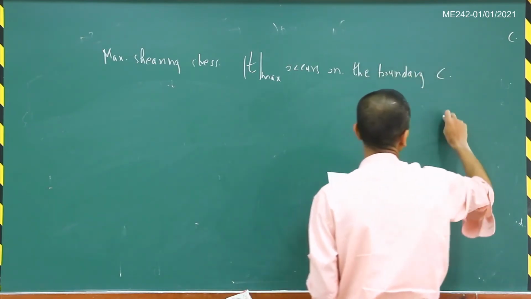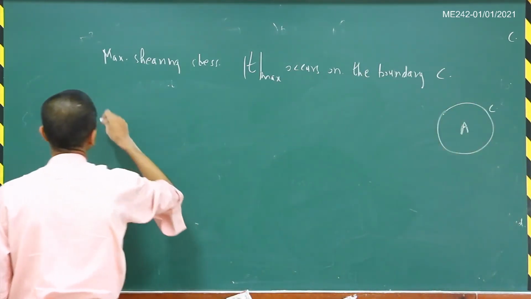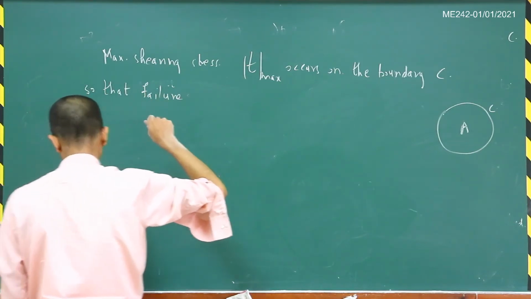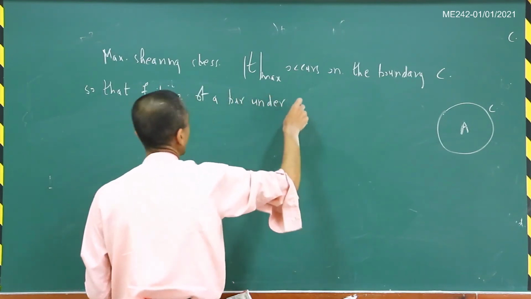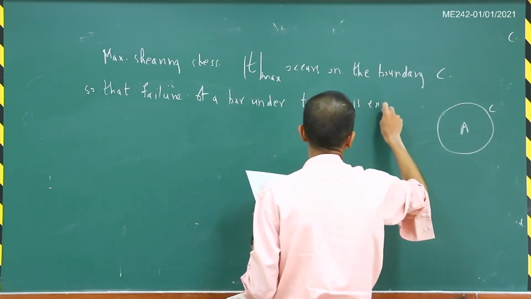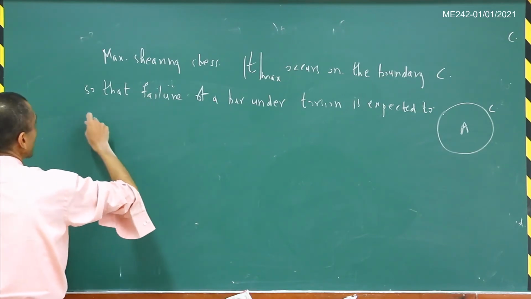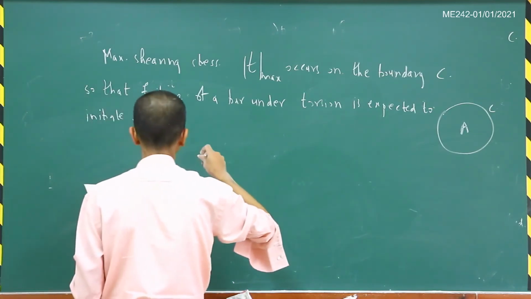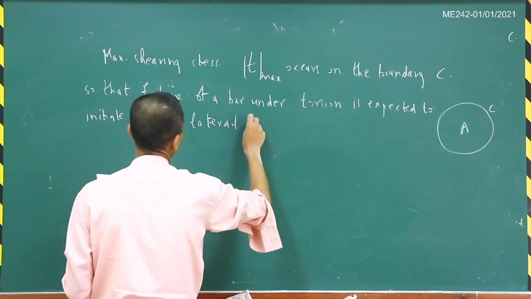C. Again, let me draw that. This is your A, this is your C. So it always occurs on C. So failure of a bar under torsion can be expected to initiate on the outermost surface, on its lateral surface.